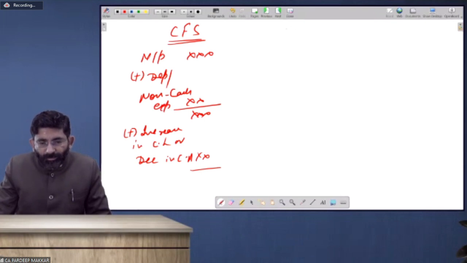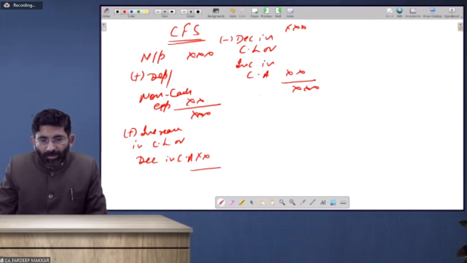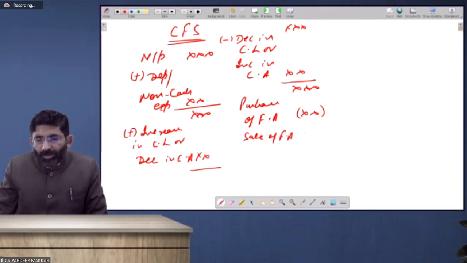Then whatever is the amount, less decrease in current liabilities or increase in current assets. Whatever is the amount, then you have to make adjustment of investing activities. You know? Investing activities means purchase of fixed assets to be deducted, sale of fixed assets to be added.